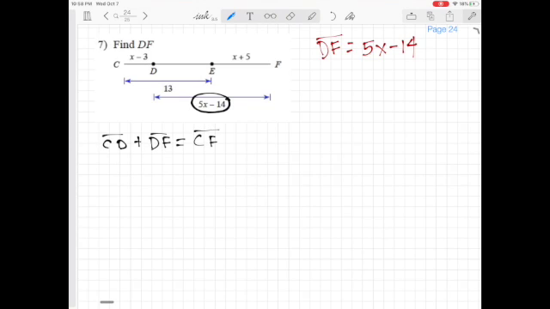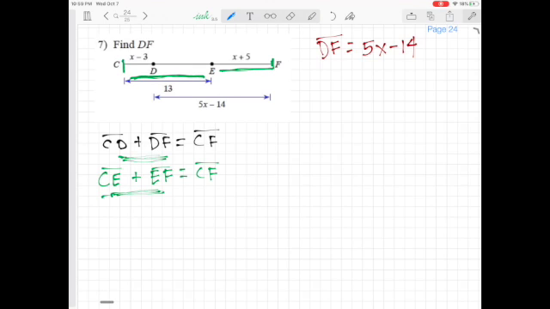equals CF. And now I can also see that this piece here, CE plus EF, also equals CF. So I'm going to write that down. CE plus EF equals.